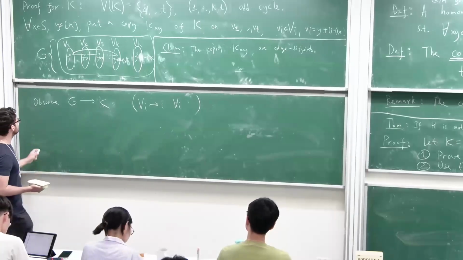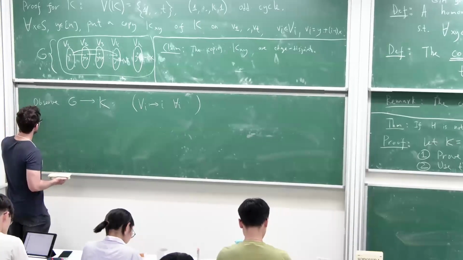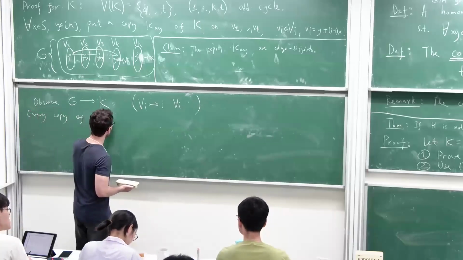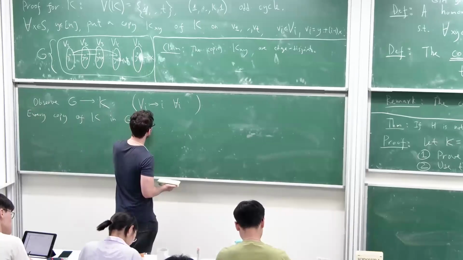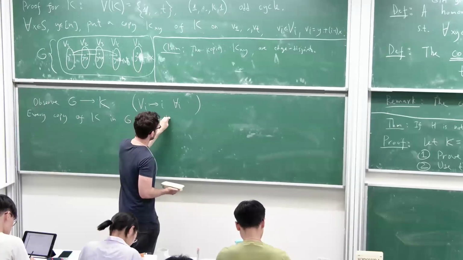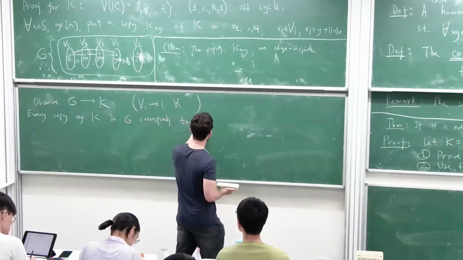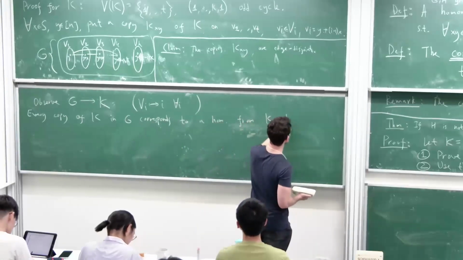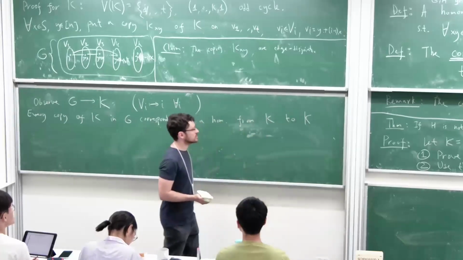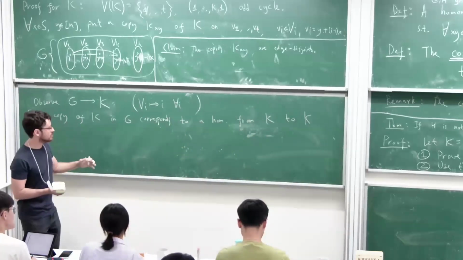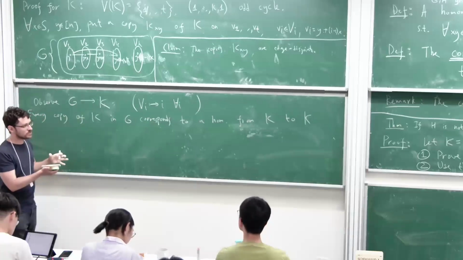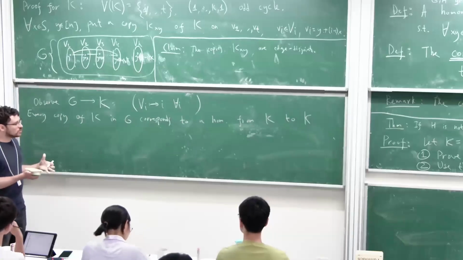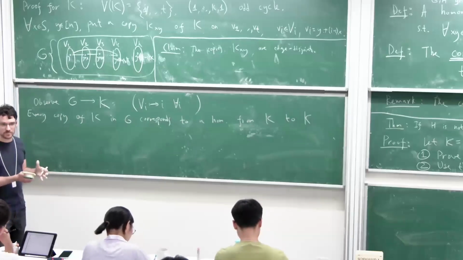And therefore, every copy of K in G corresponds to a homomorphism from K to K. Because if I have a copy somewhere in G and I take this homomorphism and restrict it to the copy, then I get a homomorphism from K to K. But we know that this has to be an isomorphism.